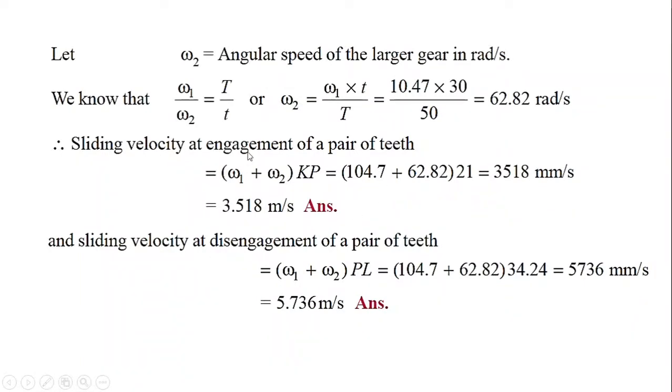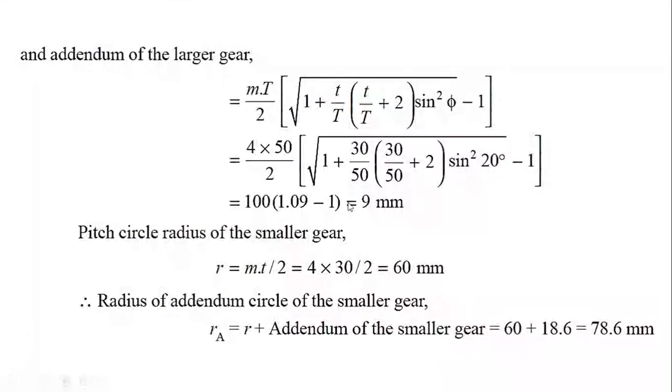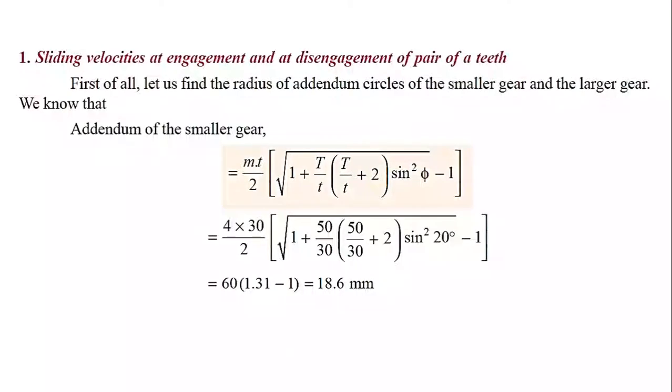This is a similar problem to tutorial 1. The only difference from the tutorial 1 problem is that we are finding the value of addendum here.